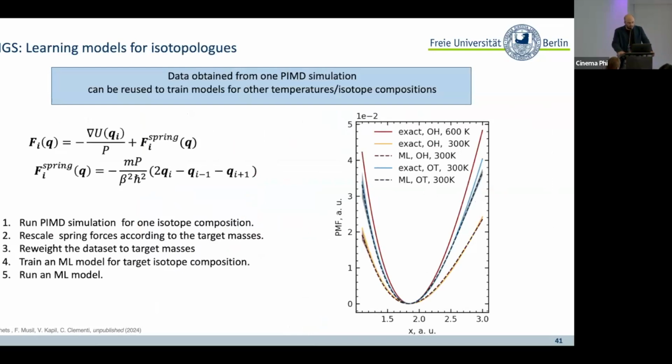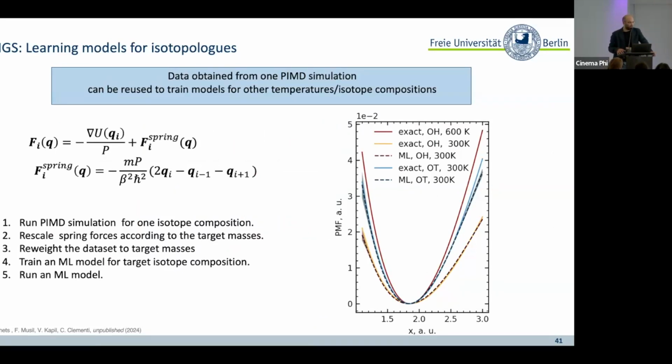What is interesting is that since the temperature dependency and the mass dependency in the spring force is trivial, we can also recycle essentially data that we obtain at one specific temperature for one isotope composition to train a model at another temperature and another isotope composition.